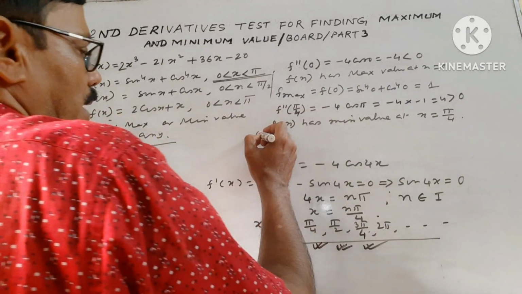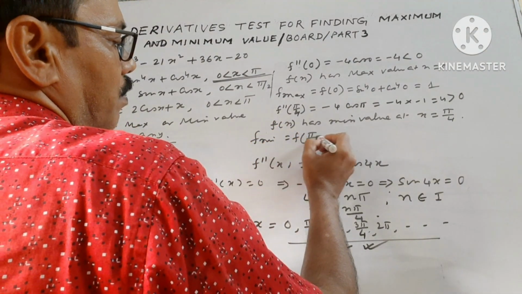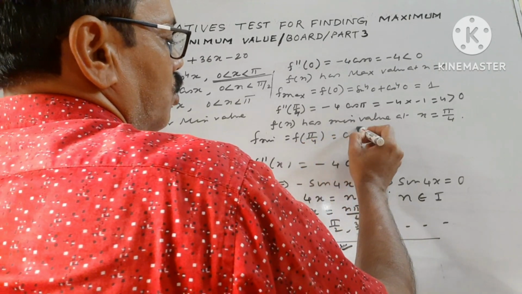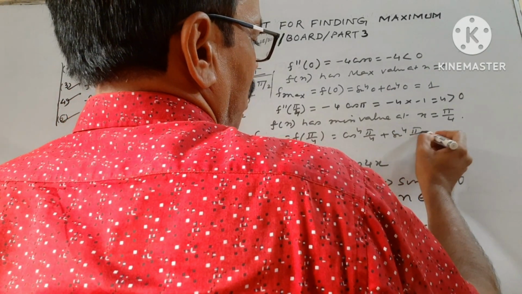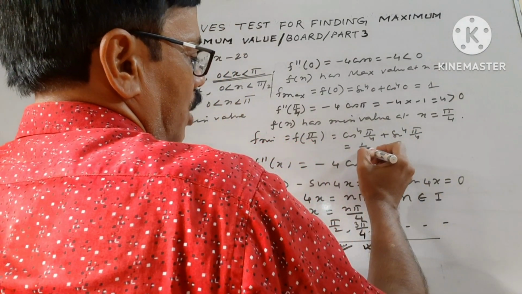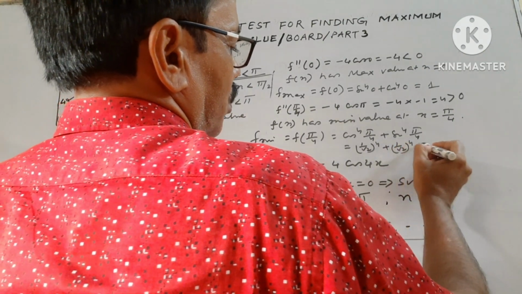Now what is the minimum value? F minimum equals f of pi by 4. So cos to the power 4 of pi by 4, sin to the power 4 of pi by 4. So 1 by root 2 whole to the power 4, 1 by root 2 whole to the power 4.